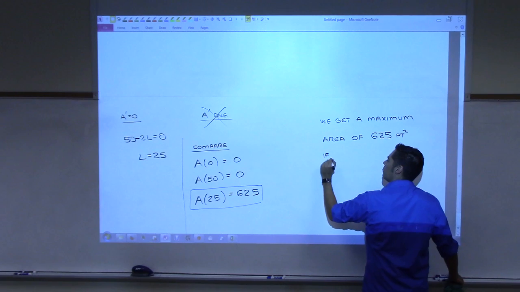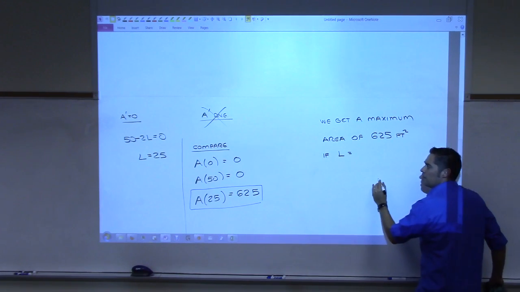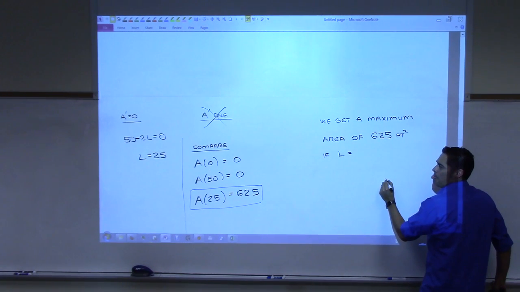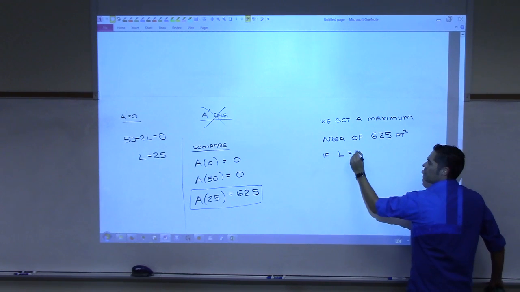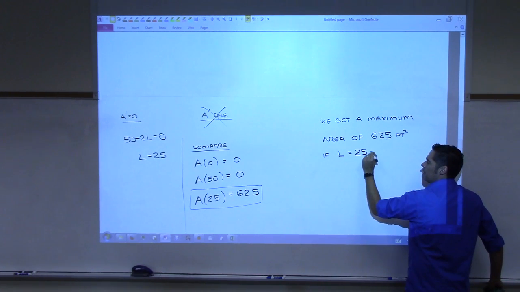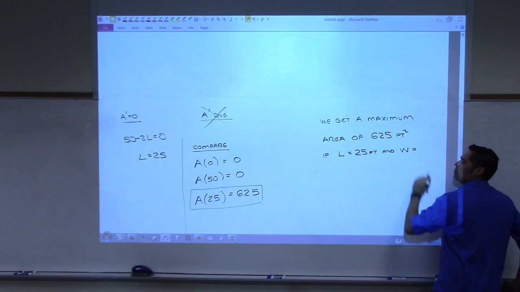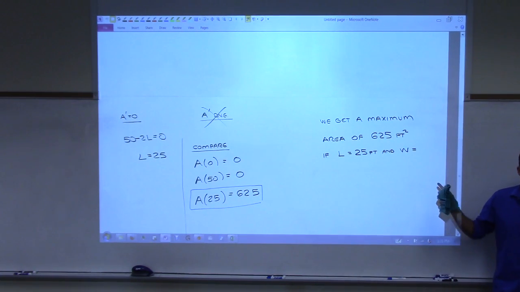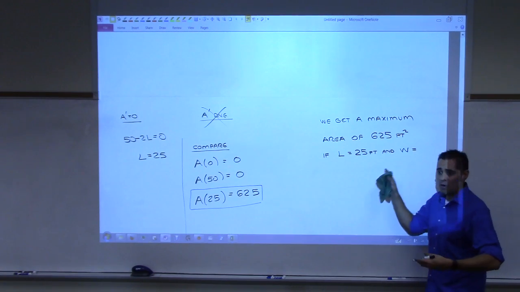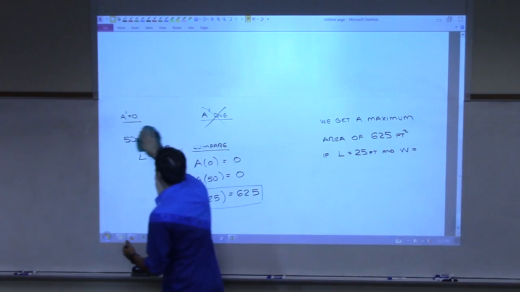If the length of our rectangle is 25 what? Feet. And the width of our rectangle is, okay, so how do we find the width? We go back to our constraint equation, which I've erased.